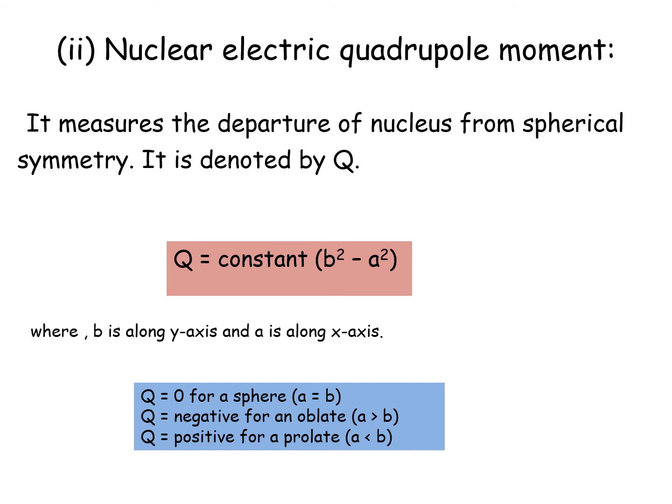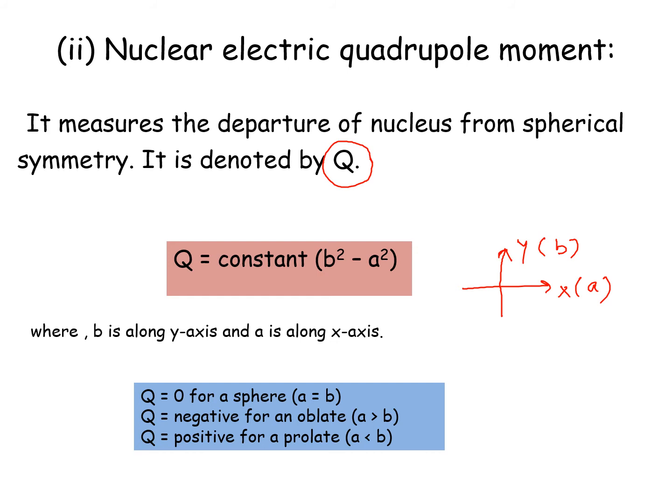If the nucleus is not spherical in shape, then the departure of the nucleus from the spherical symmetry is measured in terms of the quadrupole moment, called the nuclear electric quadrupole moment, and it is generally denoted by Q. Its value is Q equal to constant into B square minus A square, where B is along the y-axis and A is along the x-axis.